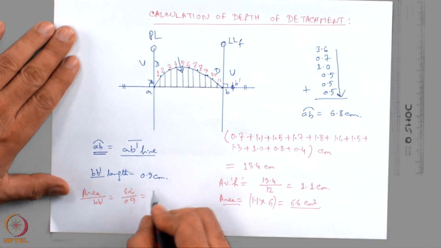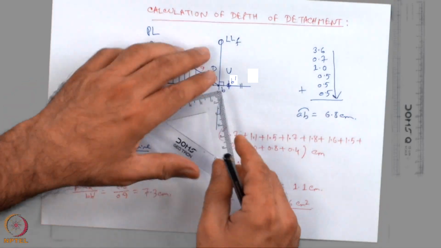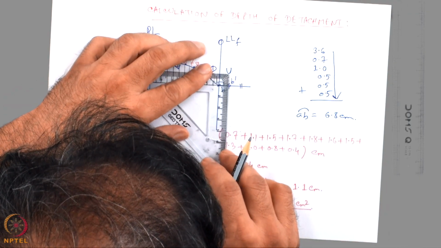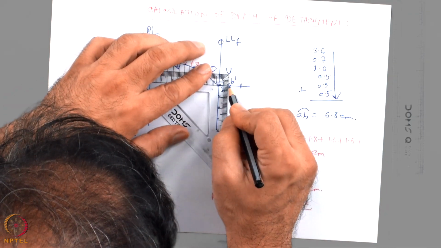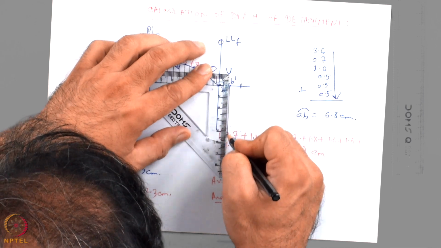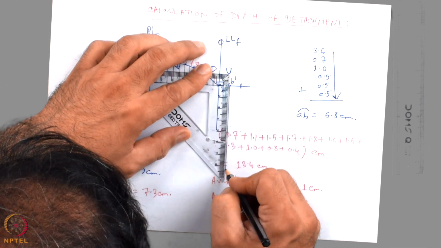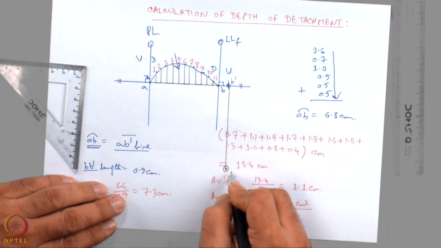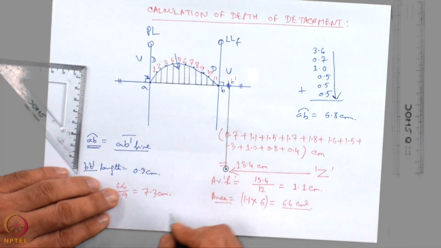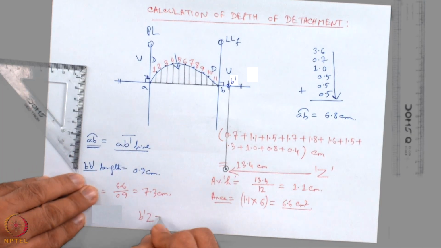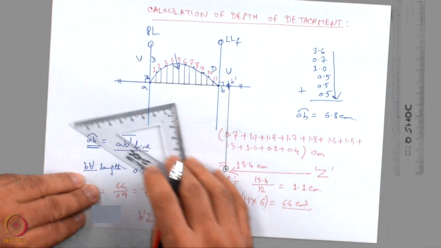7.3 centimeter. So, we draw a line from B dash downward of 7.3 centimeter length. This point is Z and B dash Z is equal to 7.3 centimeters.